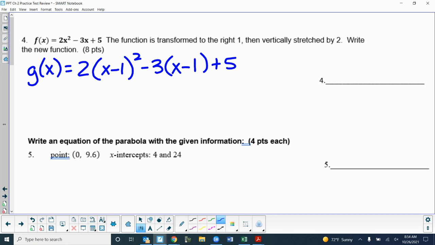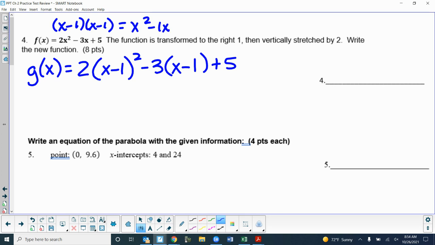Now I have to simplify that. Okay, so the first thing I have to do is the exponent, the x minus 1 squared. Which means x minus 1 times x minus 1, which is foiling it. X times x for first. Outside, x times negative 1.